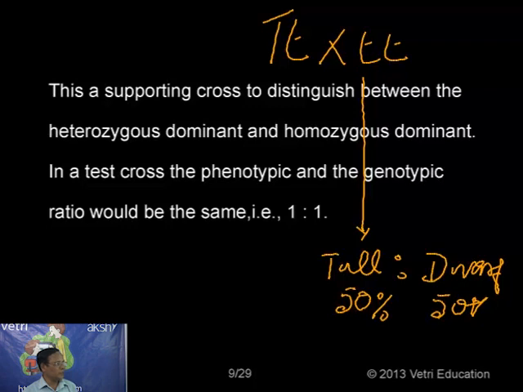I repeat once again. If in a test cross the phenotypic ratio is 1:1, then the genetic nature of the parents will be heterozygous dominant and homozygous recessive.